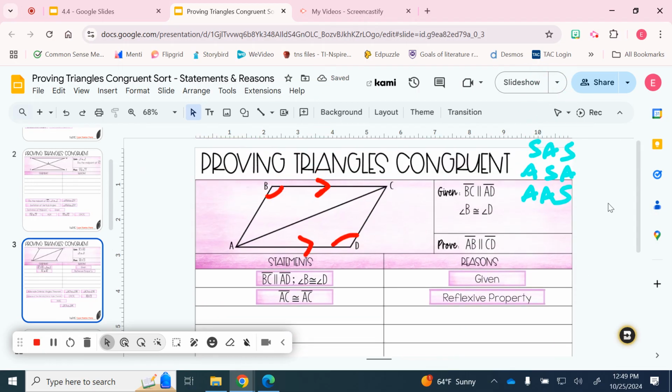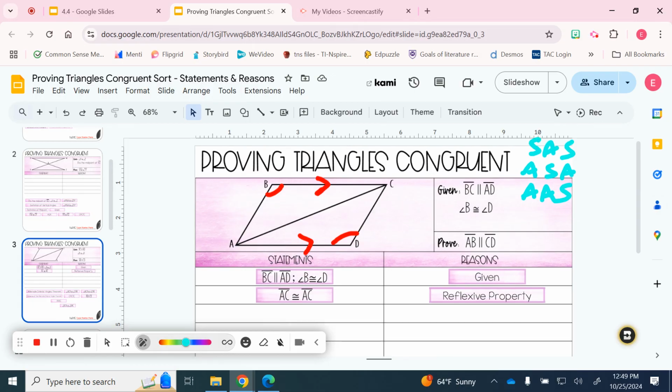So I know for a fact that this is congruent to itself. Okay? So now looking at this again, is there any other side I can prove congruent without a doubt? Yes or no? No. So side, angle, side is out.